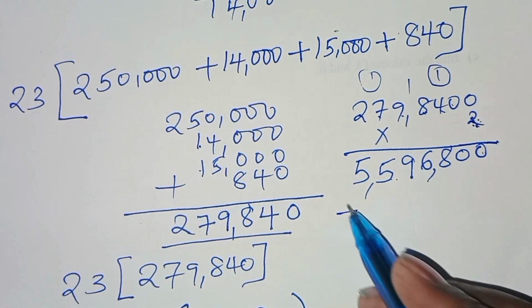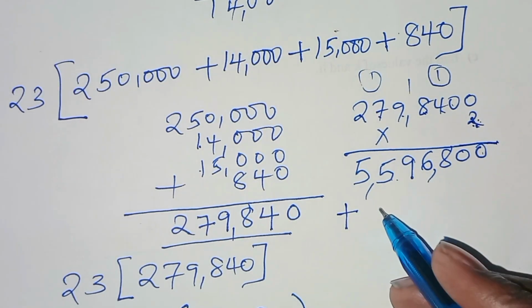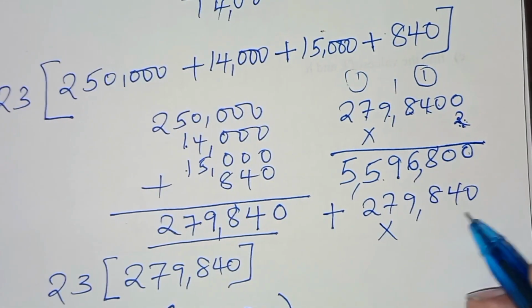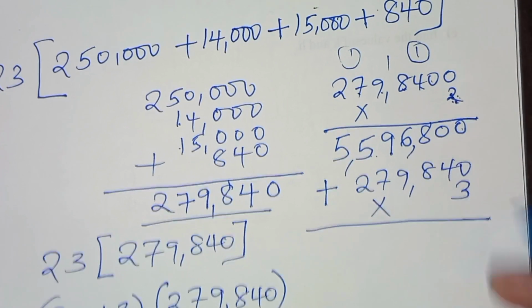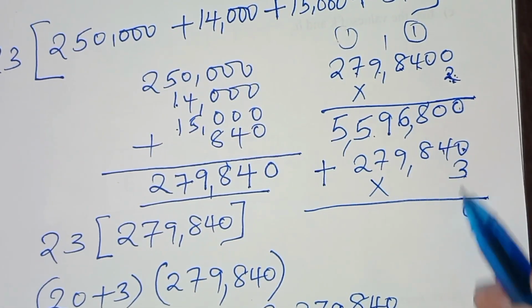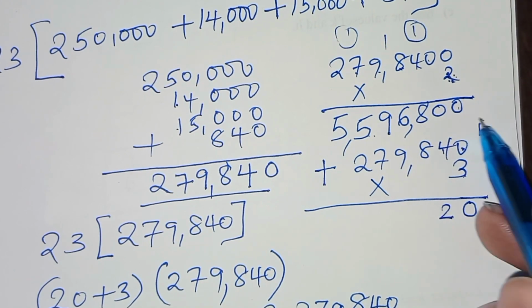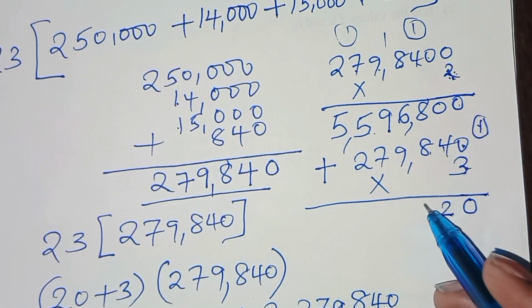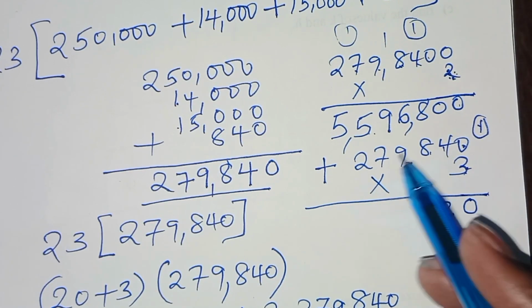Now, we add 279,840 multiplied by 3. So in this case, we have 0 times 3, this is 0, 4 times 3, this is 12, carry 1. Now, 8 times 3, this is 24 plus 1, this is 25, carry 2.